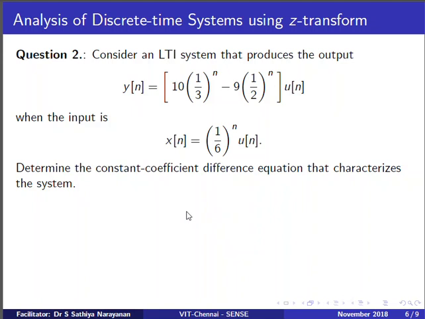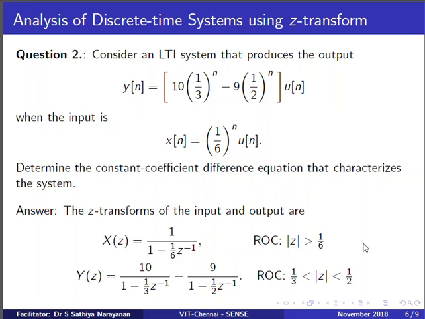So, determine the constant coefficient difference equation. The z transforms of the input and output are X of z equal to 1 divided by 1 minus 6 z inverse, and for Y of z it is 10 divided by 1 minus 1 by 3 z inverse, minus 9 divided by 1 minus 1 by 2 z inverse.